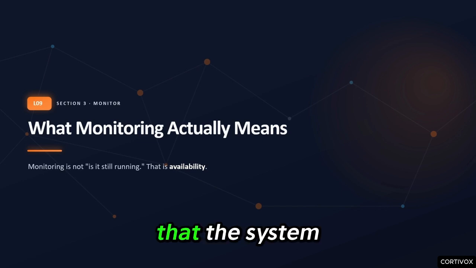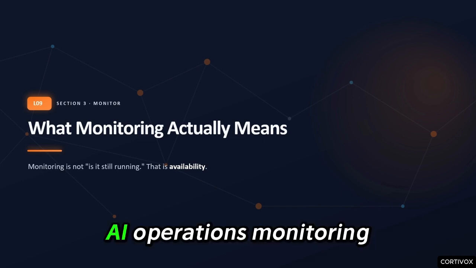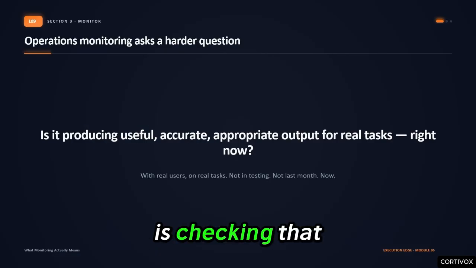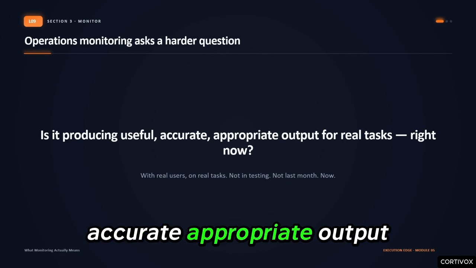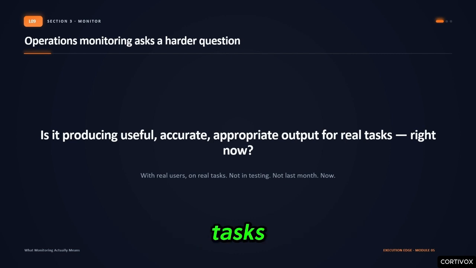Monitoring is not checking that the system is still running. That is availability monitoring. AI operations monitoring is checking that the system is still producing useful, accurate, appropriate outputs for the real tasks it is being used for right now with real users.